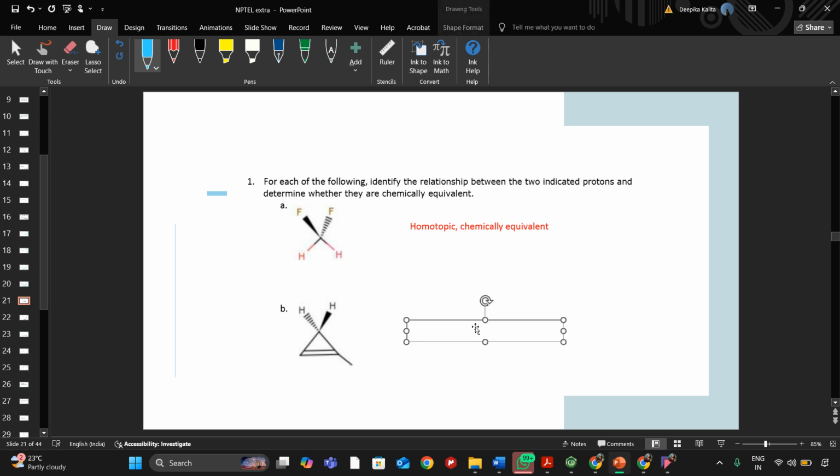And for the next one, these two are chemically equivalent, but they will be called enantiotopic because if we replace any of these protons by a deuterium or any other labeled atom or group, that will give rise to the enantiomer of the other. Okay, hence these two protons are enantiotopic.